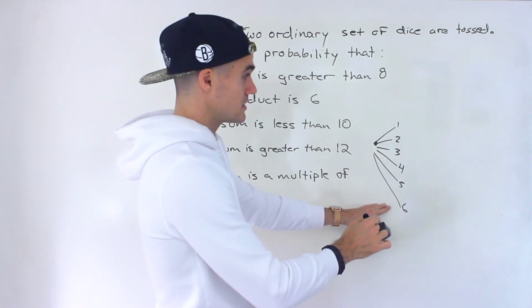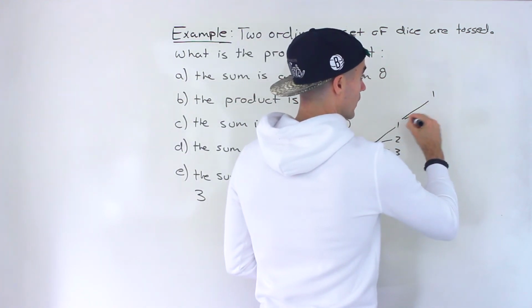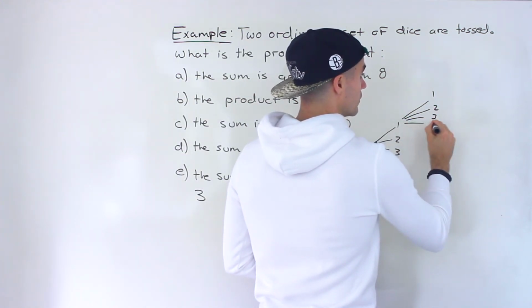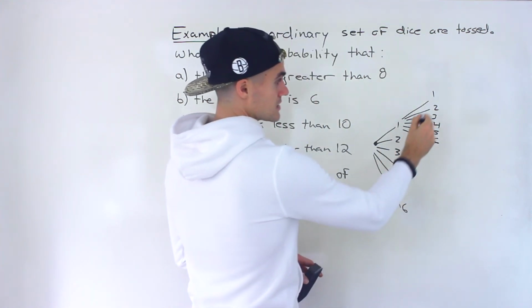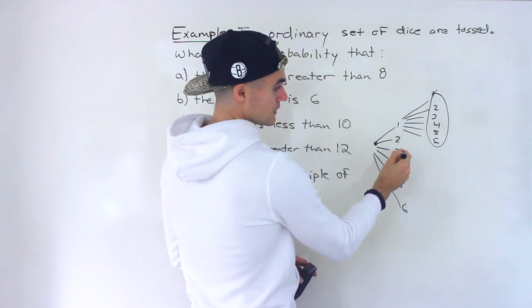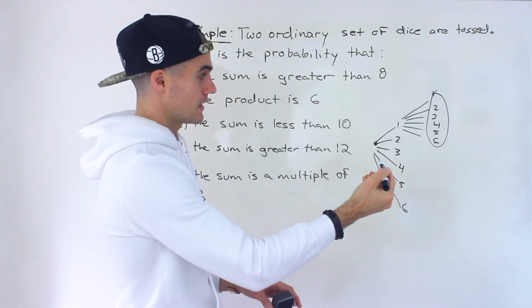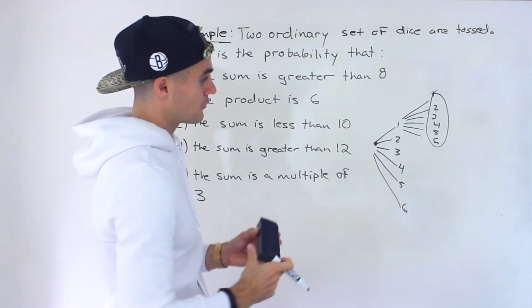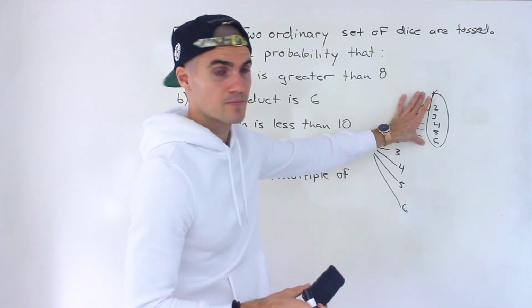Then the second dice can again be 1, 2, 3, 4, 5, 6, so there would be 6 branches coming out of each of these branches for the possibility of that second dice. And so the total number of possibilities would be 6 times 6.